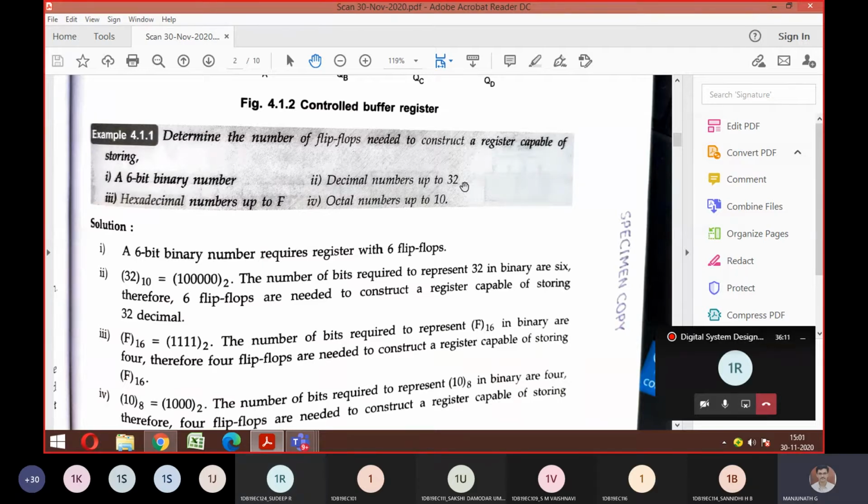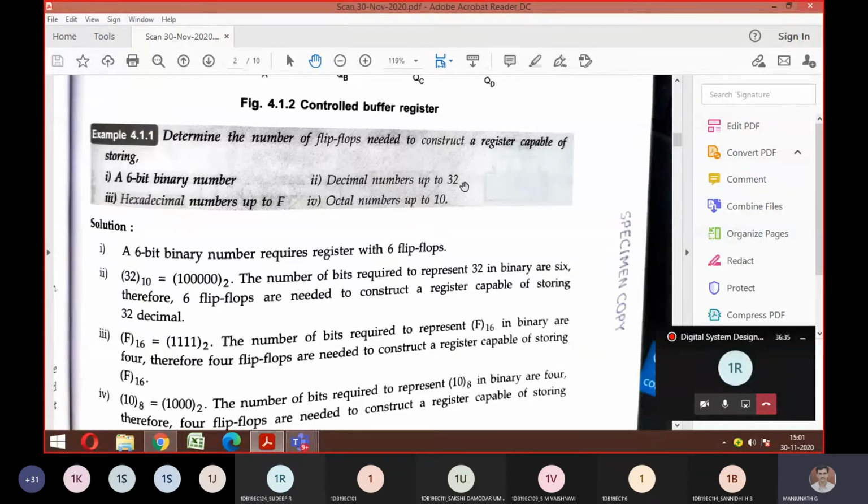You're going to divide by 2. Just divide 32 by 2, and whatever you get, the remainders, keep writing. Yes or no? Yes, sir. So after dividing 32, do you think you're going to get 100000? Yes, sir.